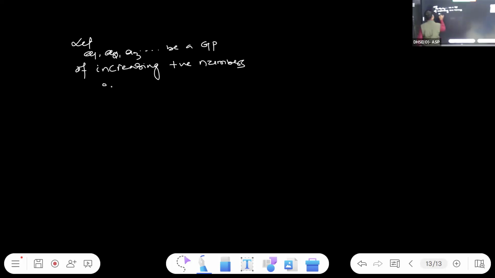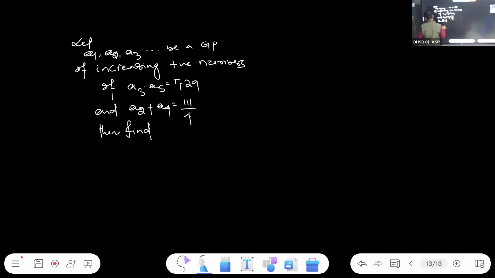If a3 into a5 is equal to 729 and a2 plus a4 is 111 upon 4, then find 24 times (a1 plus a2 plus a3). Solve it.